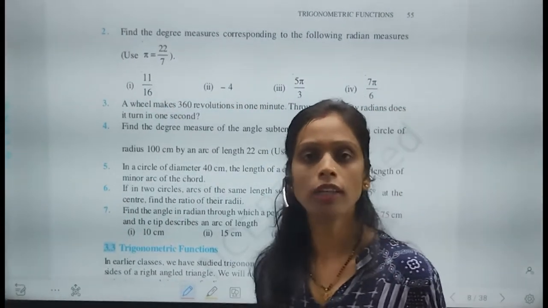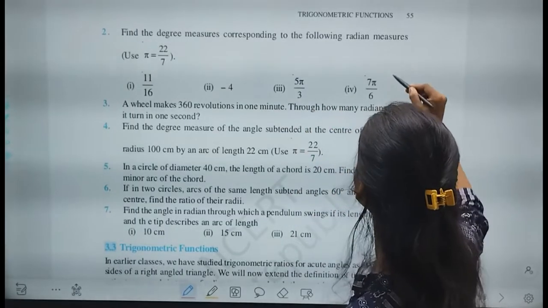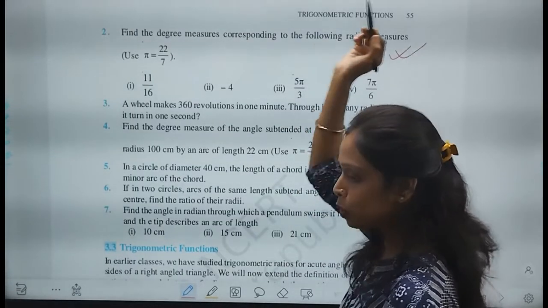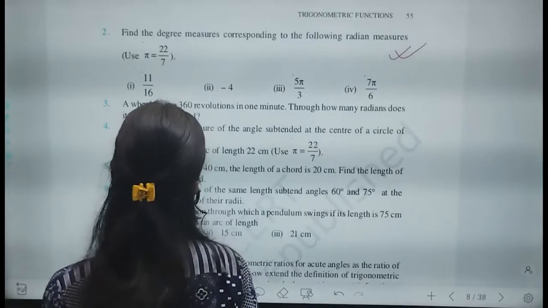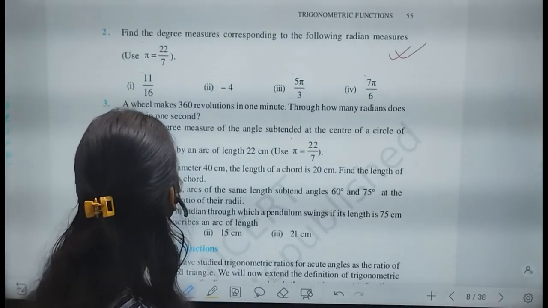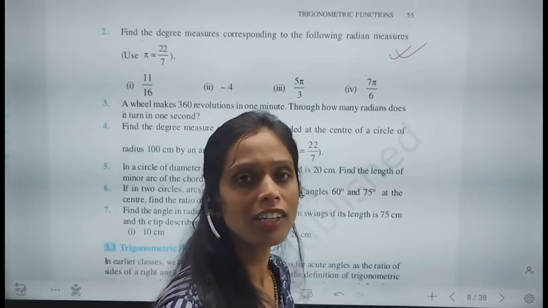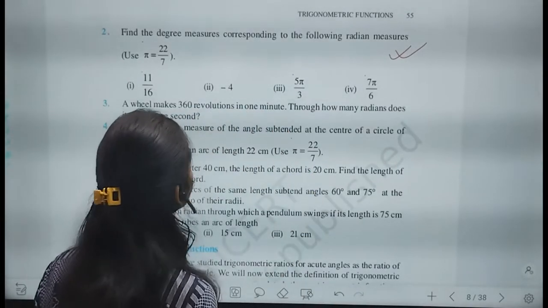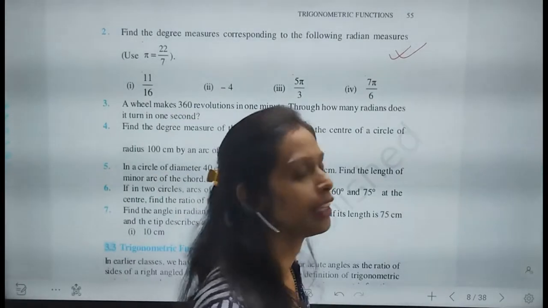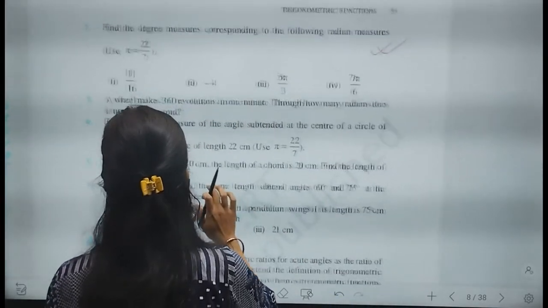Question number 2. What do we have to do here? We have to convert radian into degree.